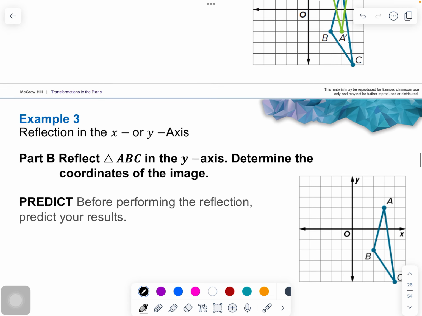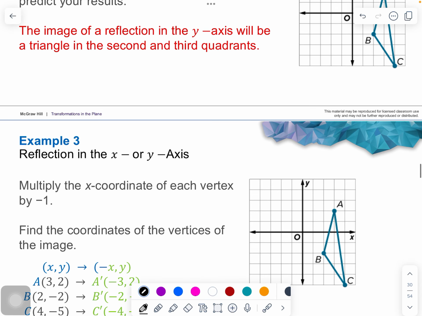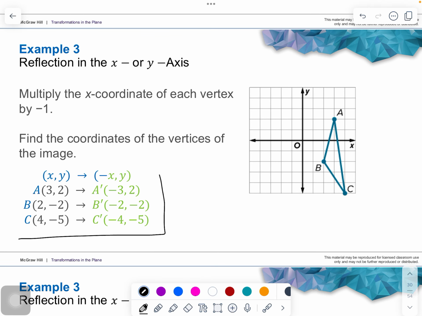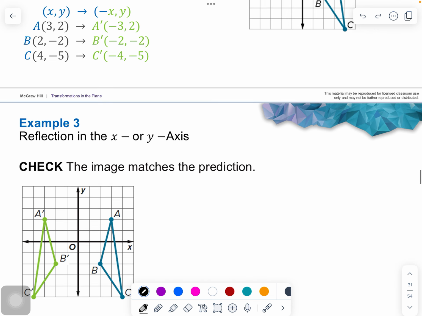So that's what I would write out exactly. And these are the values that change. See that? Those ones, they get the negative. That's what I would write out for the y-axis ones. And I would draw those out as well. And they look great.